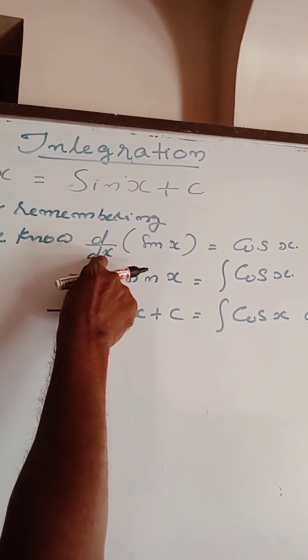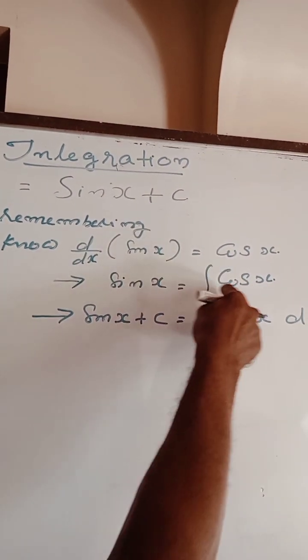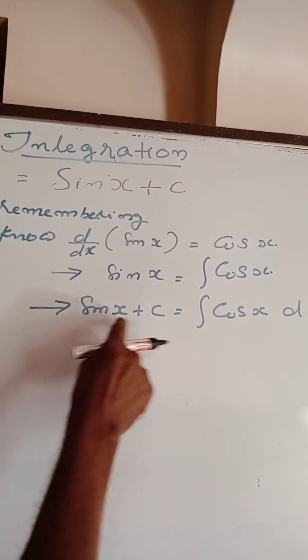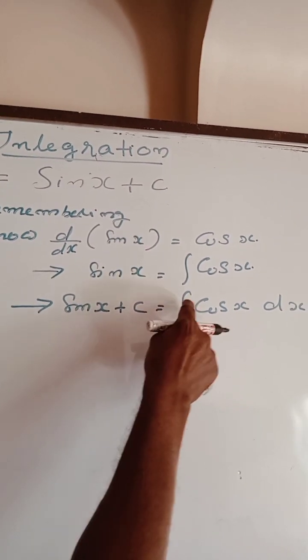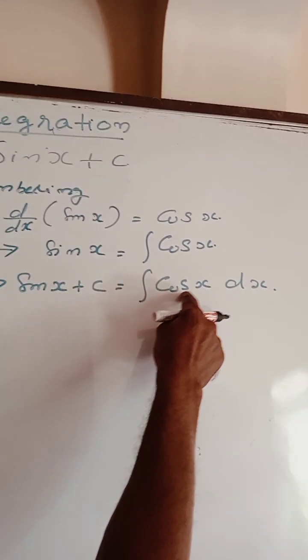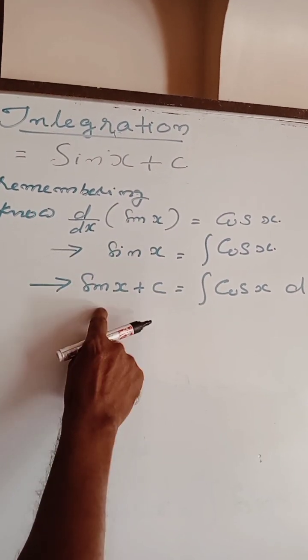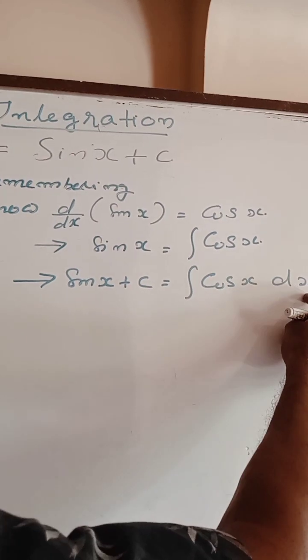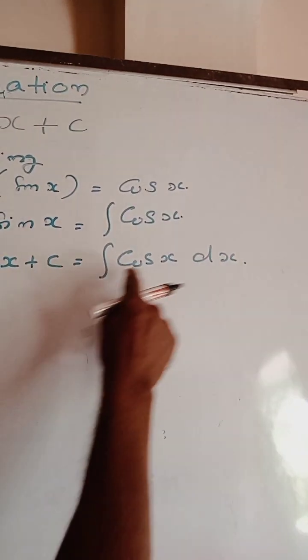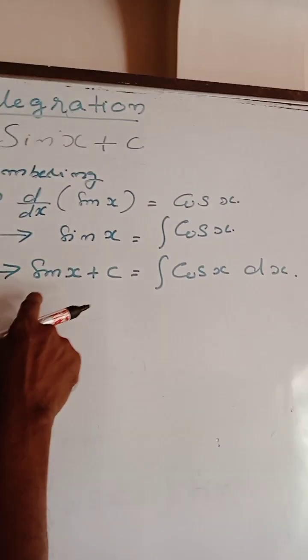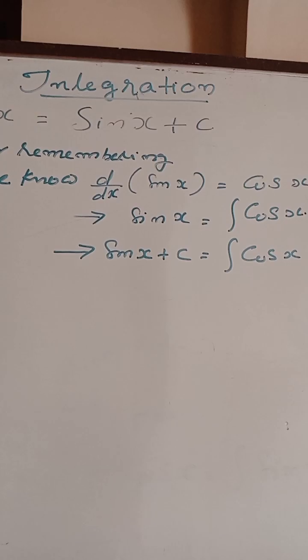We are removing d by dx from here and putting the integration sign here. That implies sin x plus c is equal to integration of cos x dx. Here we are adding c on the left side and putting dx here. Then the result is integration of cos x dx is equal to sin x plus c.